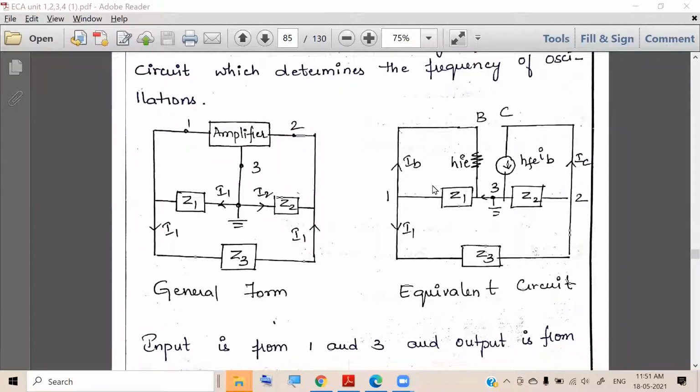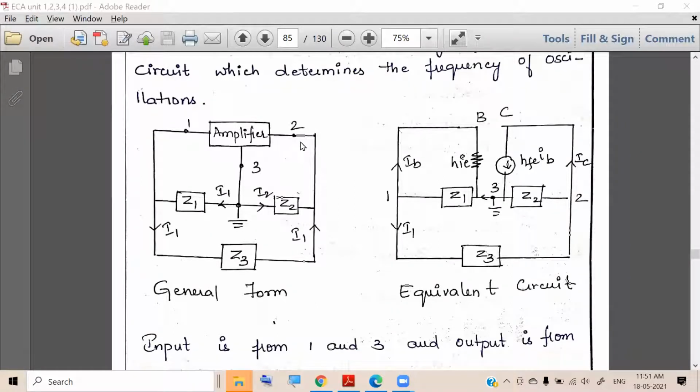So what I want to say here is, between 2 and 3 we have the output of the amplifier. Whatever equivalent impedance we get between 2 and 3, we can call it the load of the amplifier.